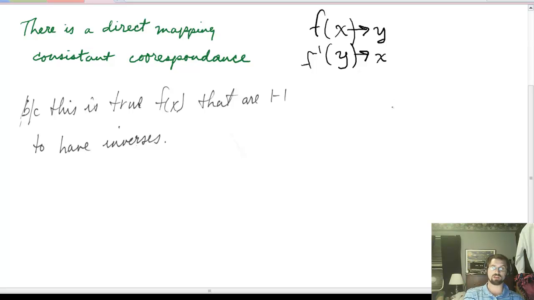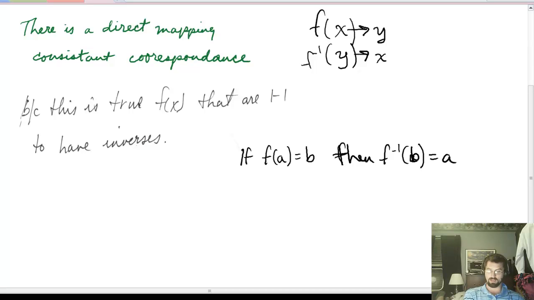So you can always backtrack to where you came from. Another way to say that is if f of A equals B, then f inverse of B equals A.